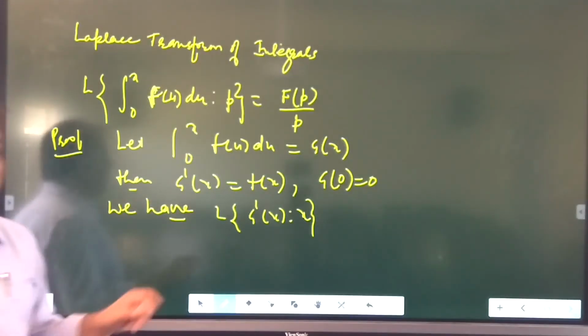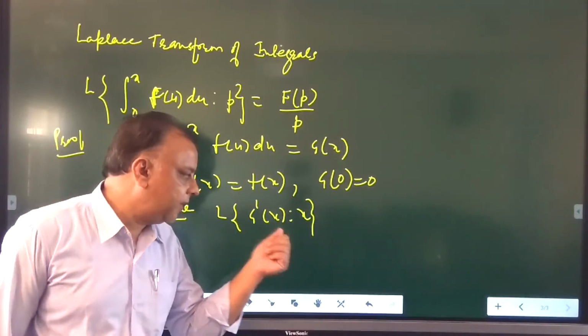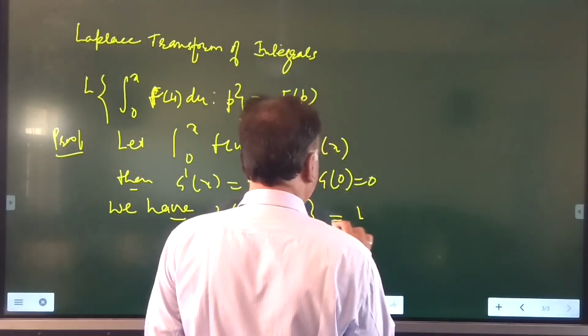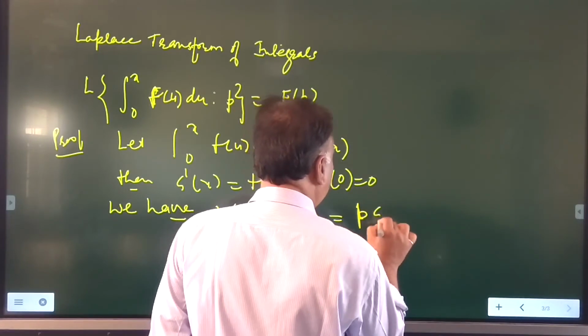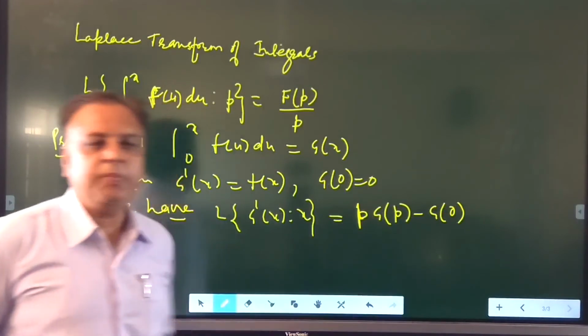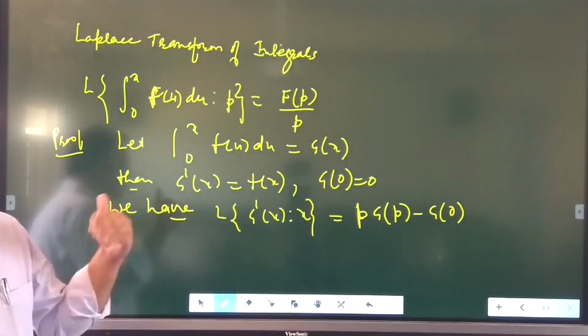By the definition of the Laplace transformation of the derivative of a function, we get this as pG(p) minus g(0). G(p) here is the Laplace transformation of the function g(x).